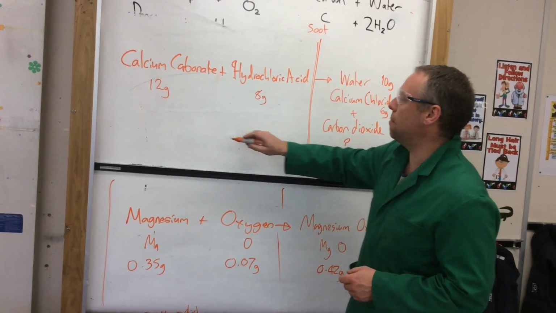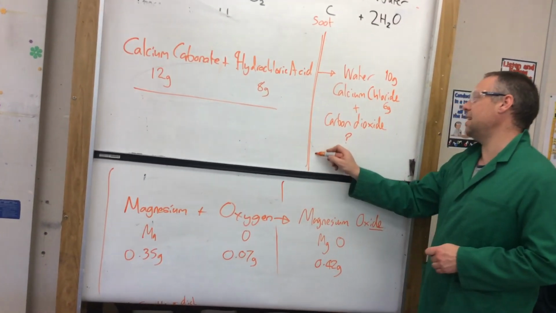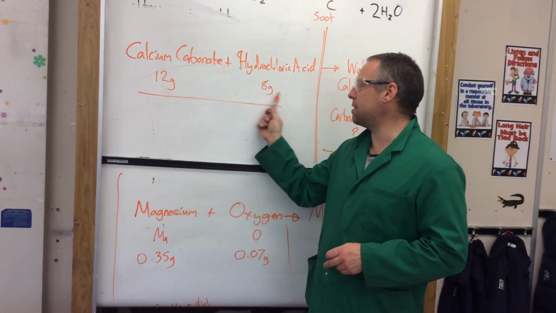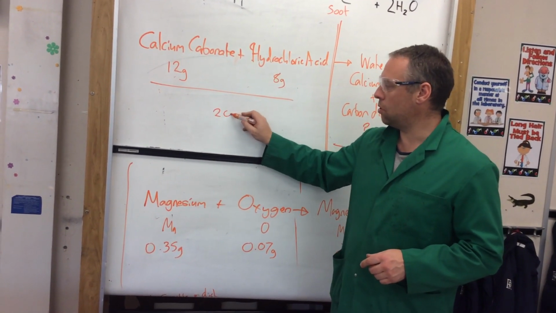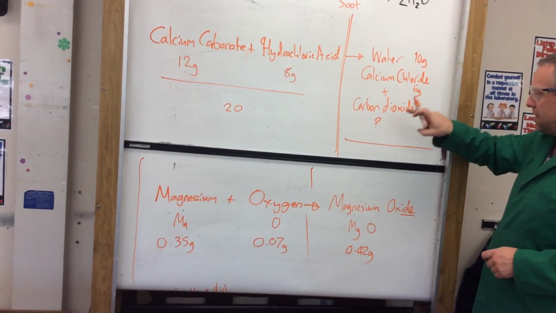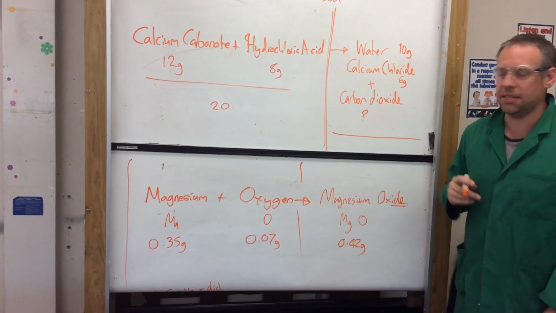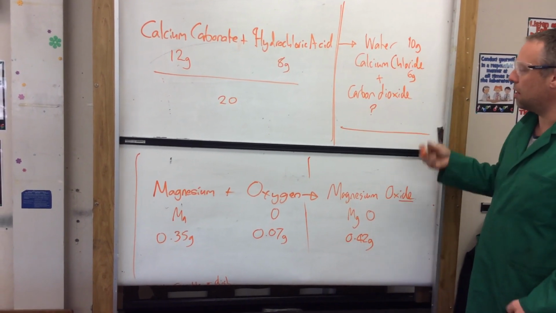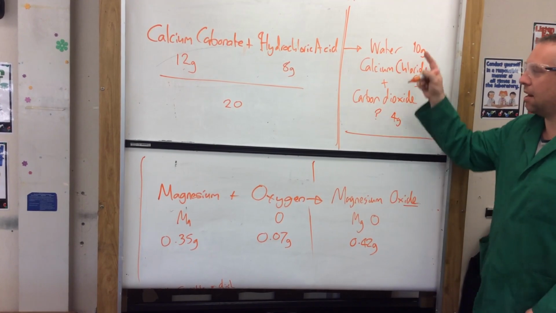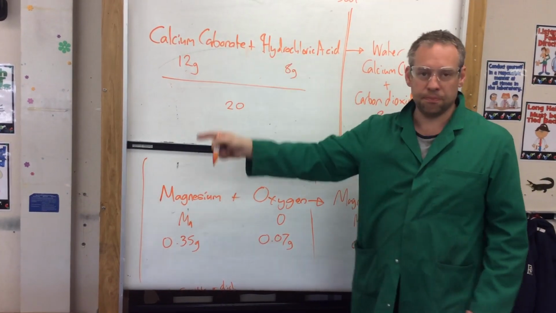Bearing in mind the mass of this side has to equal the mass of this side. So here I've got 12 plus 8, which equals 20. I've got 10 plus 6 plus something that needs to equal 20. So 10 plus 6 plus 4 is going to make that side the same as that side.